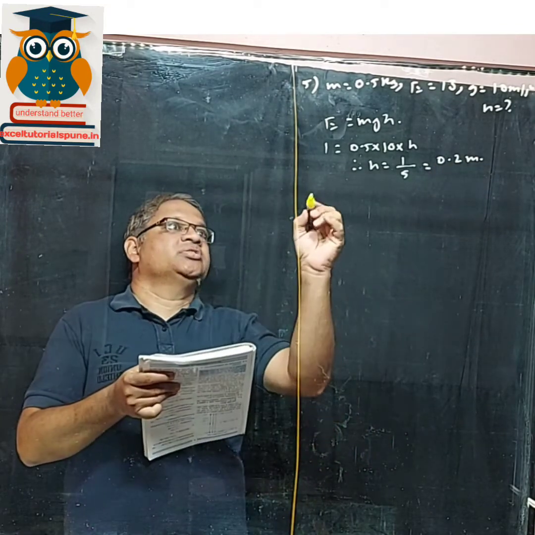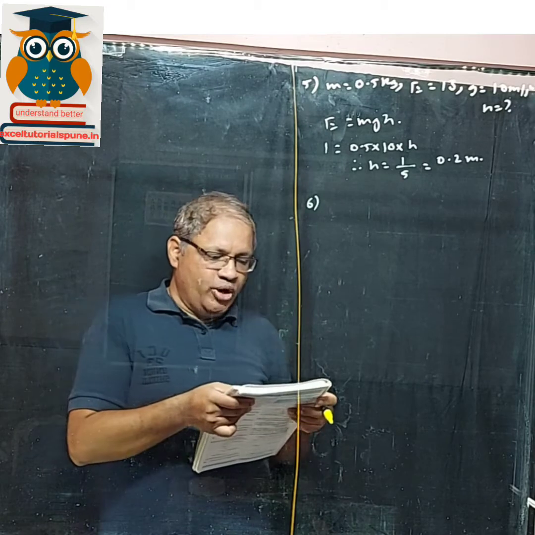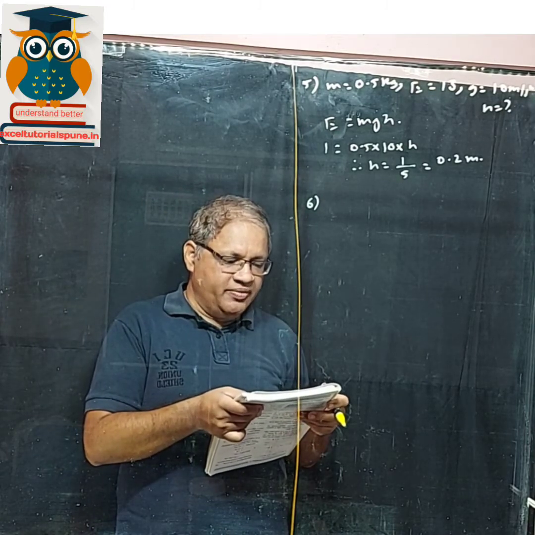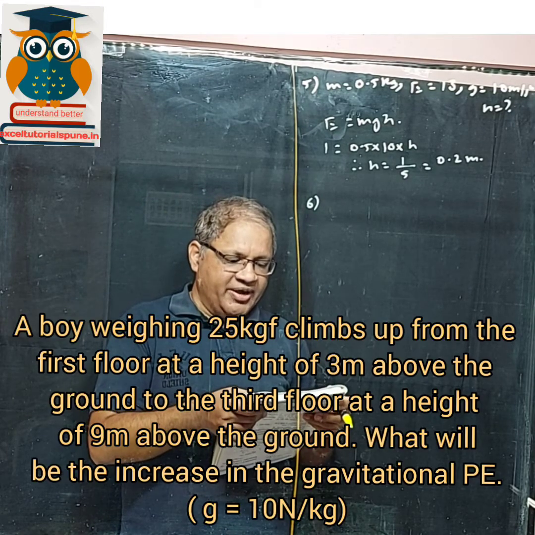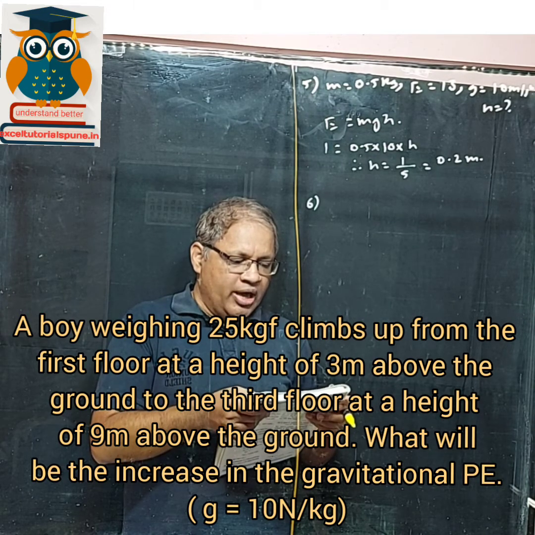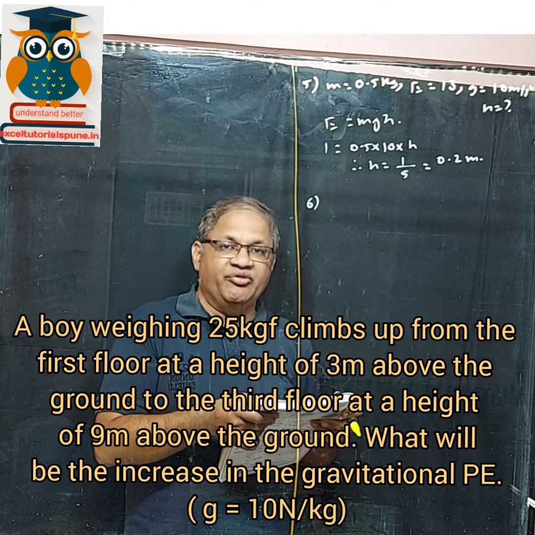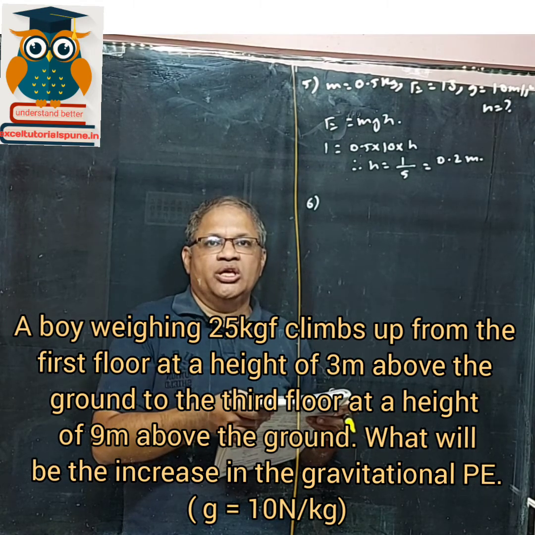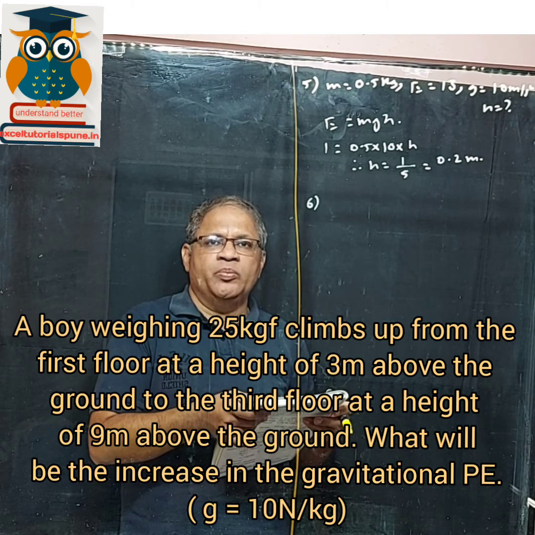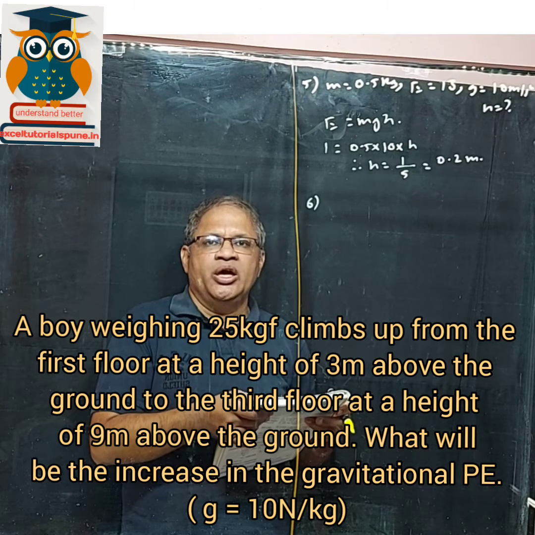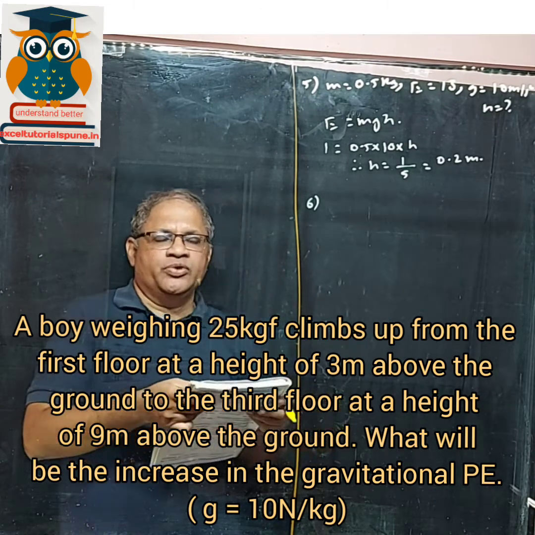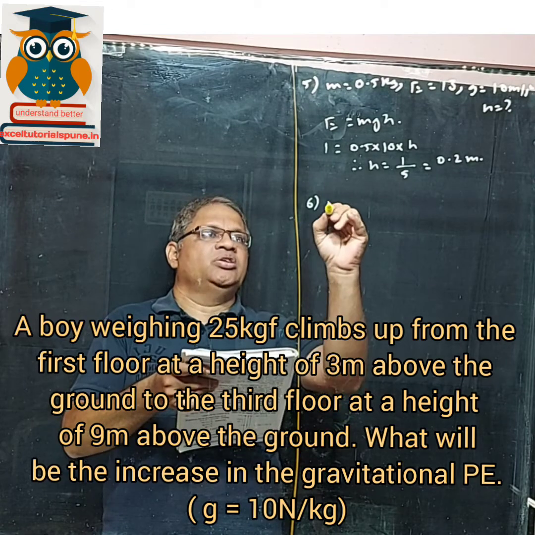Next, sixth one. A boy weighing 25 kgf climbs up the first floor of a building, height 3 meter above the ground, and then to the third floor at a height 9 meter above the ground. What will be the increase in gravitational potential energy? The formula is the same, mg(h2 minus h1). First write down the particulars.